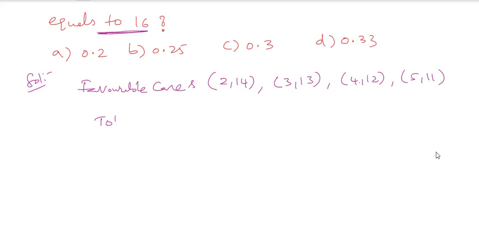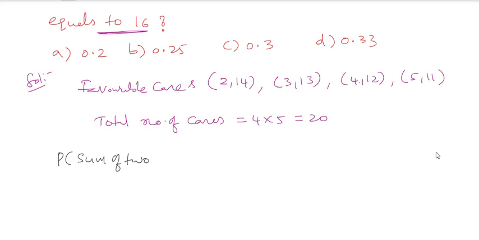Then the total number of cases will be what? Which is 4 into 5, that is 20. So now the probability of the sum of the two numbers equaling 16 is equal to what?